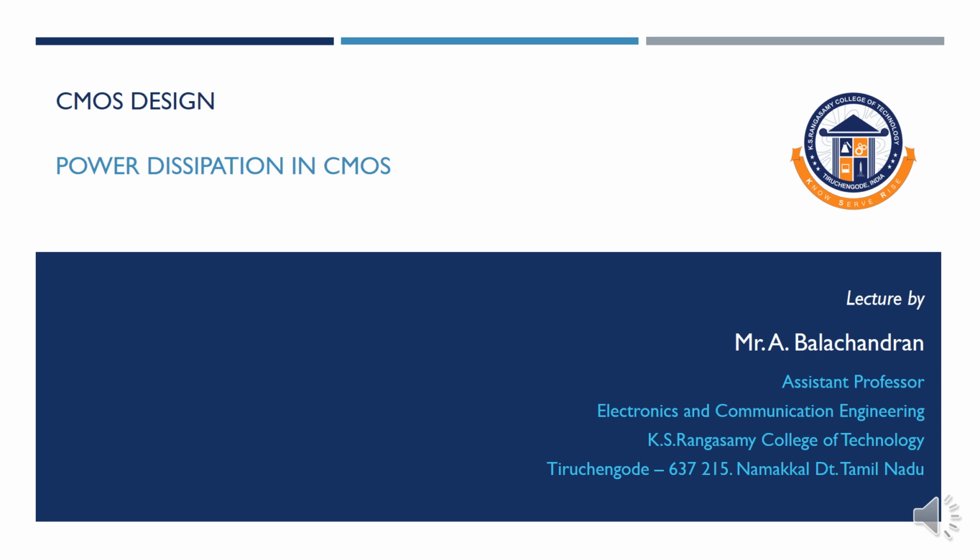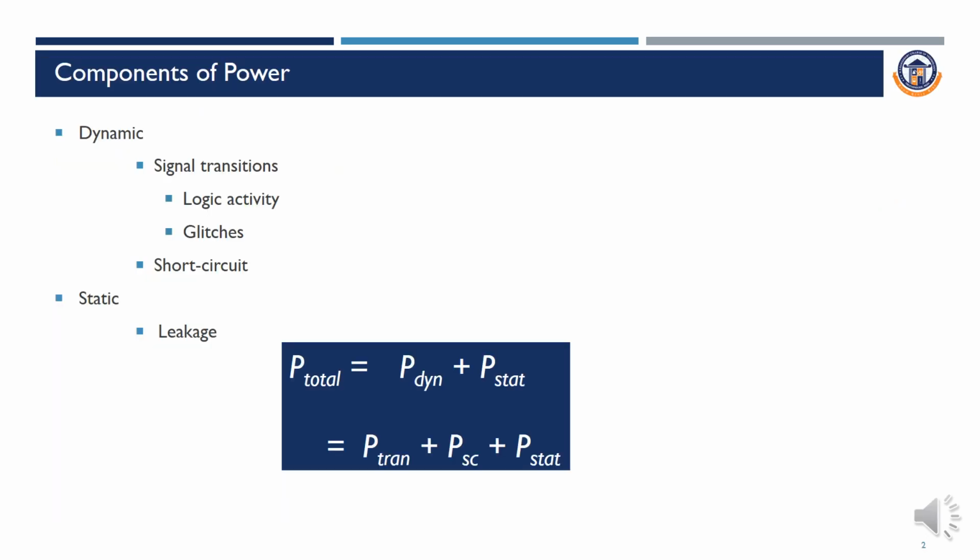In this session, we are going to see the power dissipation in the CMOS circuit. There are two components of power dissipation available in the CMOS circuit: one is dynamic power dissipation and another one is static power dissipation.